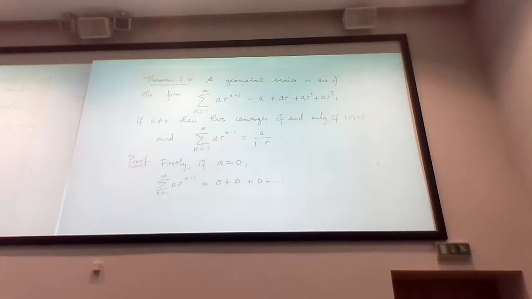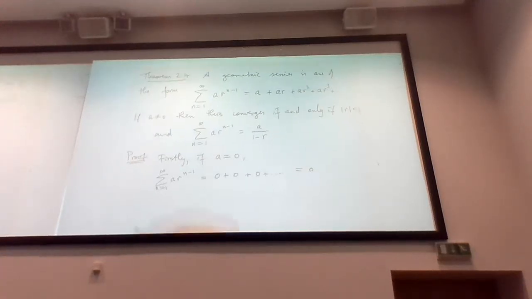That's obviously convergent. The partial sums are all equal to 0. The sequence of partial sums clearly converges, and it converges to 0. So we won't waste too much time on that. It's not really a proper geometric series, but technically it does fit the pattern.